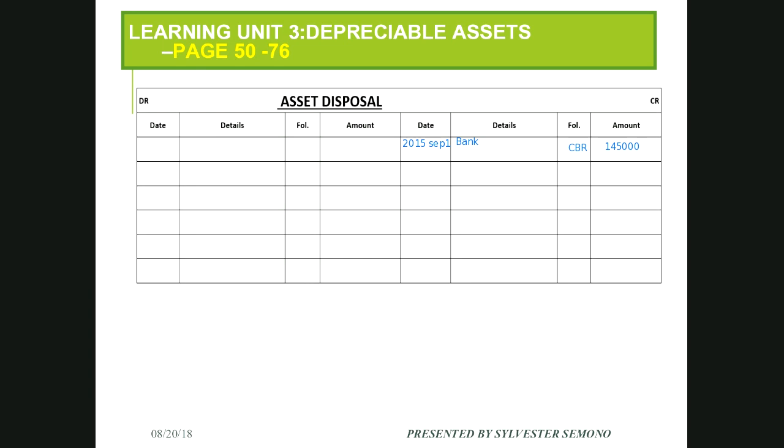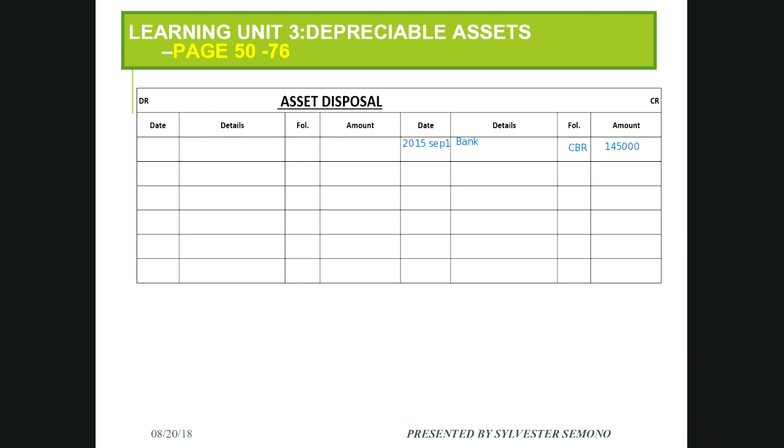Because we received cash. Are you okay, guys? Yes. So that was step number 2. Remember? So what is the folio on bank? Same one, CBR. Yes. Okay. No problem.